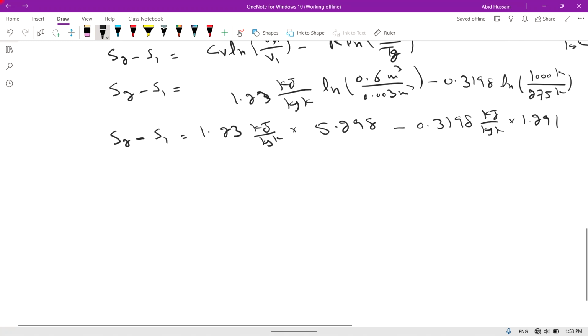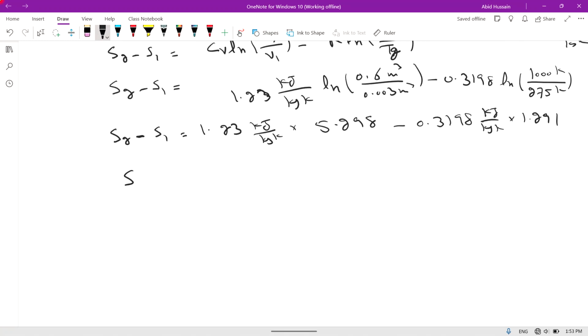So S2 minus S1 is equal to 1.23 multiplied by 5.298, which is equal to 6.51.